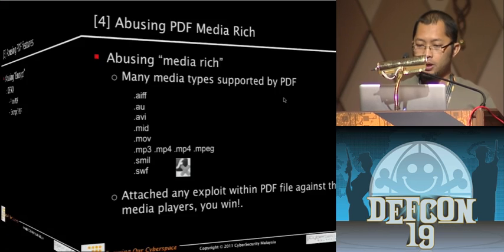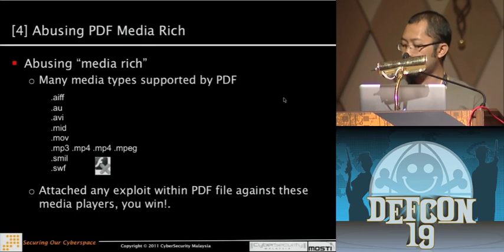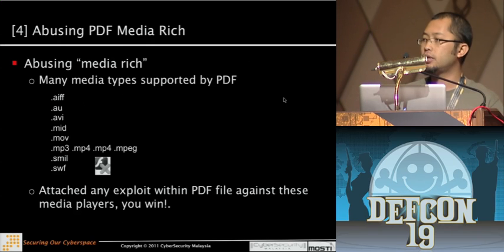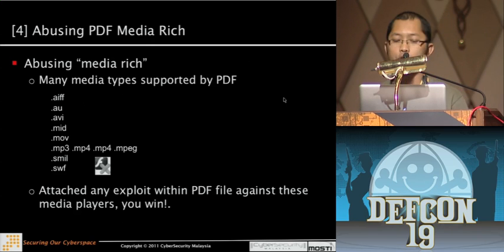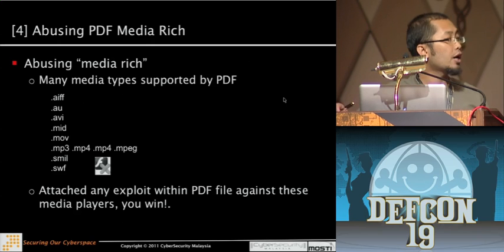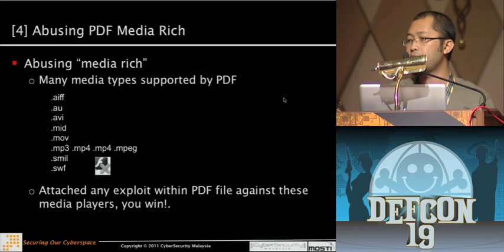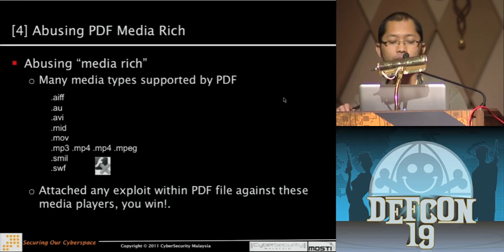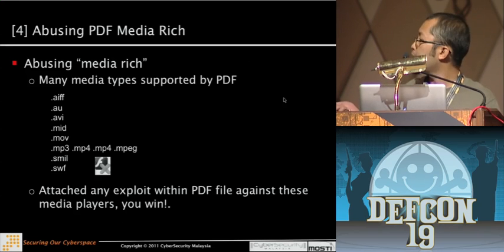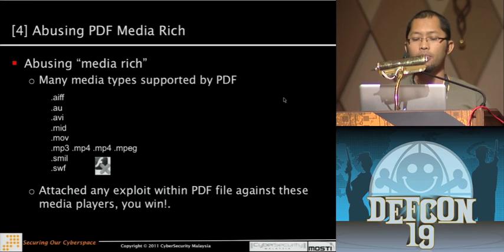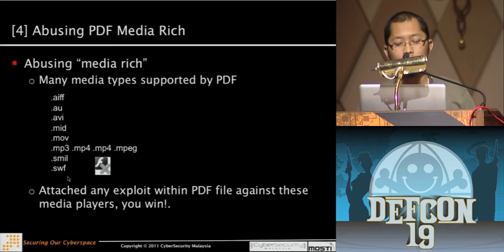All right. So the fourth one that we normally see within PDF applications is the use of media-rich content in the PDF reader, because they support many media types. Pretty much you can embed a couple of media, for example AIF, .mov, .mp3, and even now SWF.